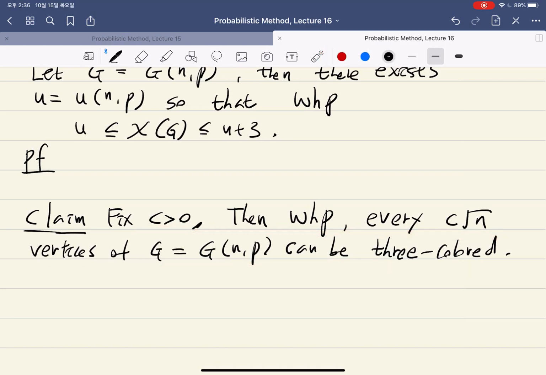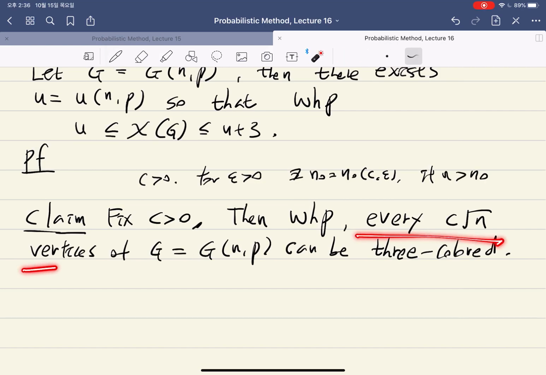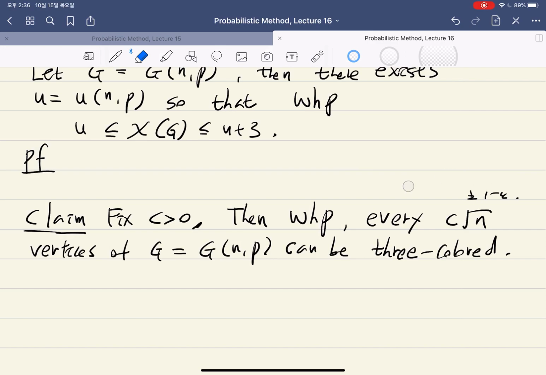If you make this statement rigorous: fix C, and for epsilon given, there exists n0 depending on C and epsilon so that if n is bigger than n0, then these vertices can be 3-colored with probability at least 1 minus epsilon. You should be able to write it in a rigorous way if necessary.